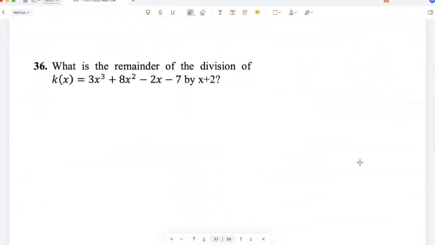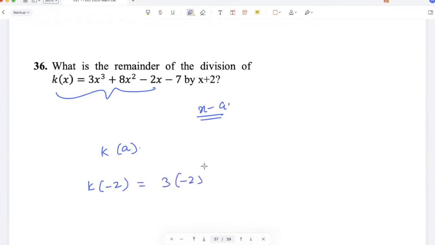What is the remainder of the division of this by x plus 2? So when I divide a function by x minus a, then the remainder is the value of the function at a. So here the remainder would be the value of the function at -2. So that would be 3 times -2 cubed plus 8 times -2 squared minus 2 times -2 minus 7.